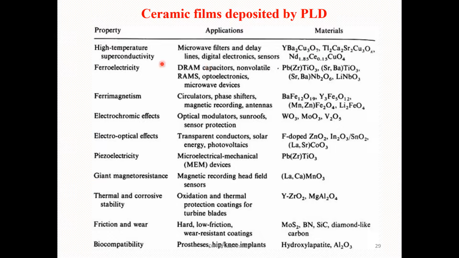So I will just take the property of high temperature superconductivity and its applications. These materials can work as high temperature superconductors, and their applications exist in microwave filters and delay lines, digital electronics, and sensors.